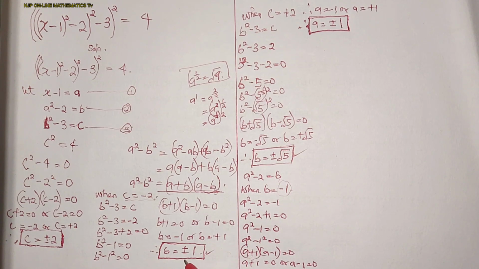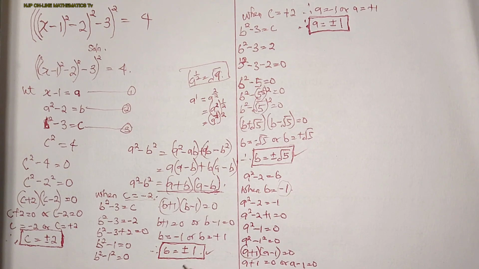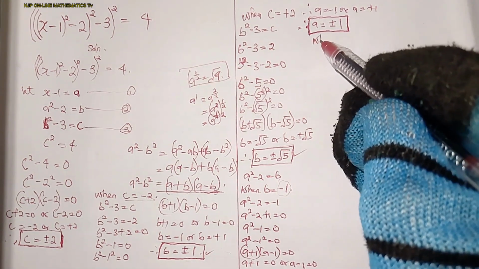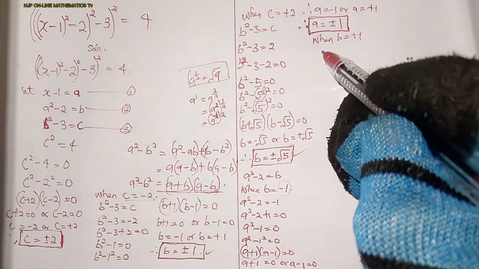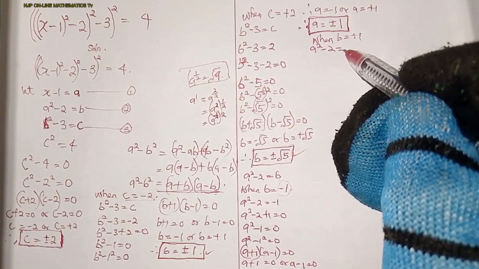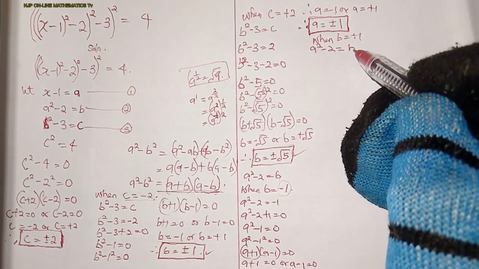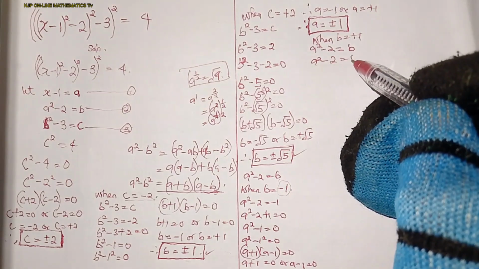So we've just substituted when b is a negative 1. So now let's substitute when b is a positive 1. When b is a positive 1, we are now having in the equation that a square minus 2 equals b. And b now is a positive 1.